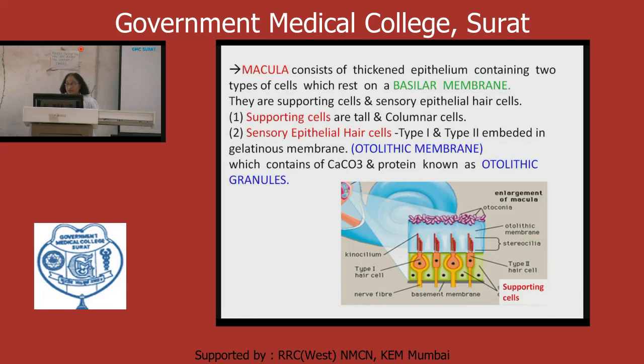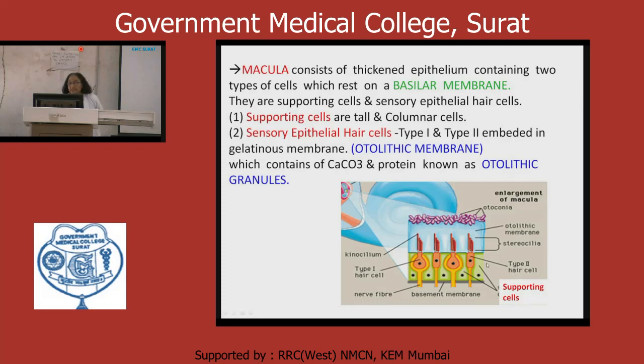Now in the given diagram we can see the supporting cells. The light green color indicates supporting cells. According to the shape of the cells, the flask-shaped ones are called type 1 hair cells, and the second, columnar type cells are the type 2 hair cells.